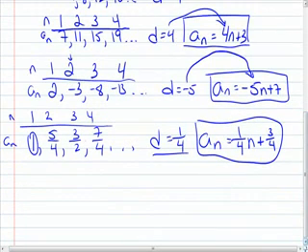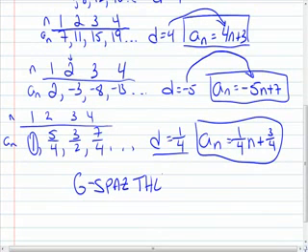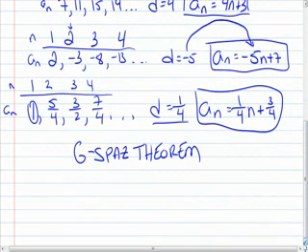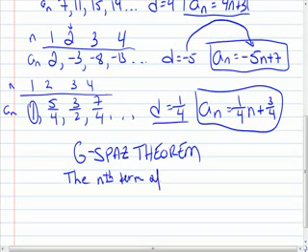So what we've discovered was known to mathematicians as the G-Spaz theorem, because G-Spaz came up with it. So, and what that is, to find the nth term of an arithmetic sequence.